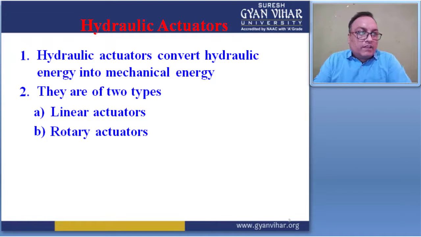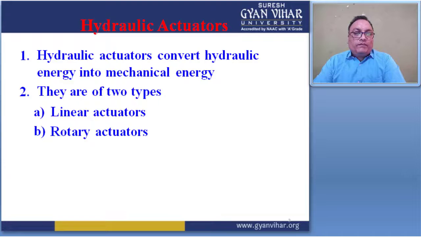The hydraulic actuator converts hydraulic energy into mechanical energy, and this conversion takes place by one device, called the hydraulic actuator. These are of two types. The first is linear actuators and the second is rotary actuators.